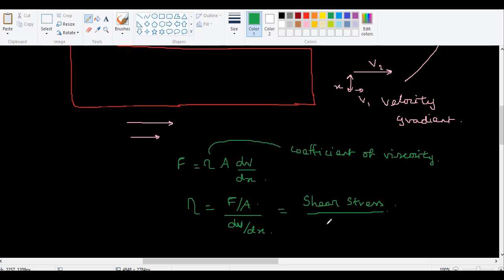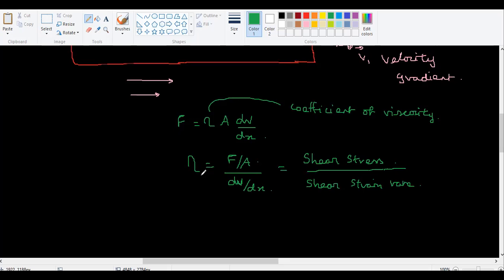The handbook has not given this properly, so take it down properly. So it's actually shear stress and shear strain. This I'm going to call shear strain rate. So it's not just shear strain, it's shear strain rate.